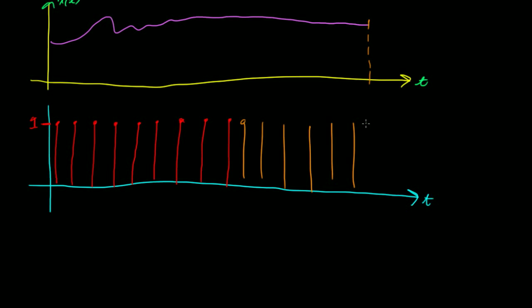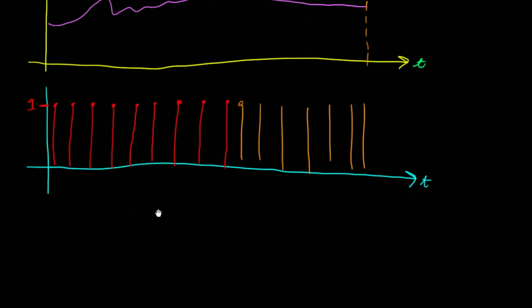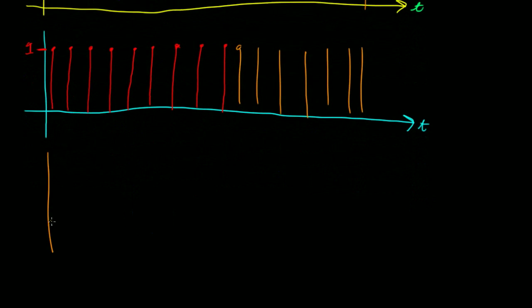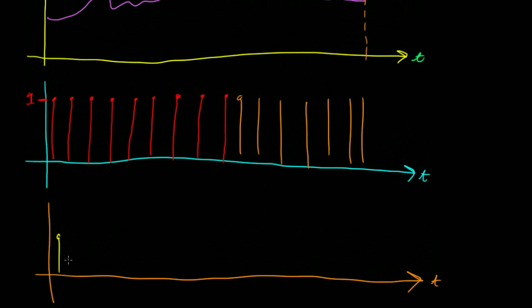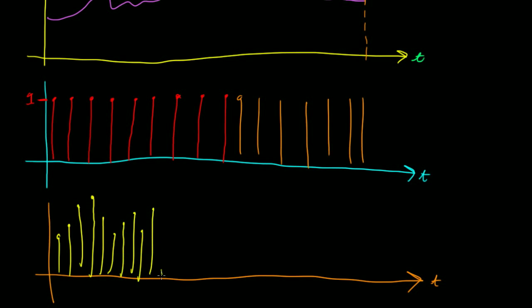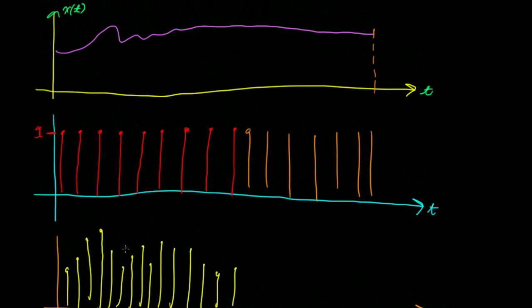So you're going to get something that looks like this. I'm drawing this really poorly, I apologize. But basically what you should get is impulses that have the same magnitude as whatever x of t is at that value.